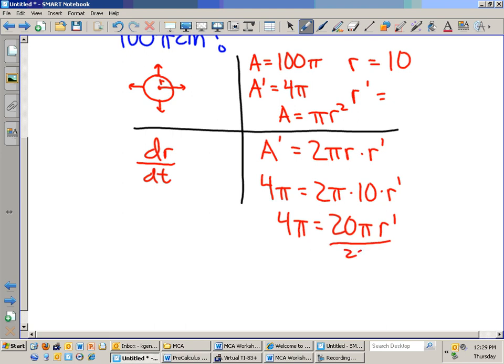Divide both sides by 20 pi. 1 over 5 is equal to r prime. 1 over 5 what? Centimeters per minute.